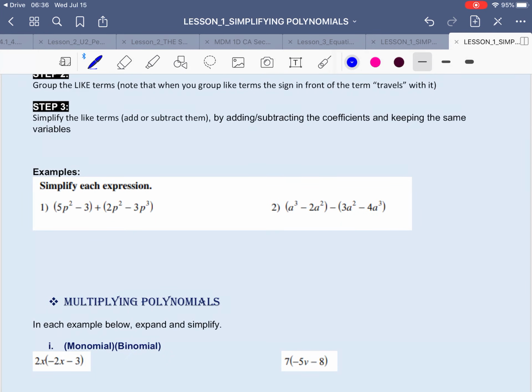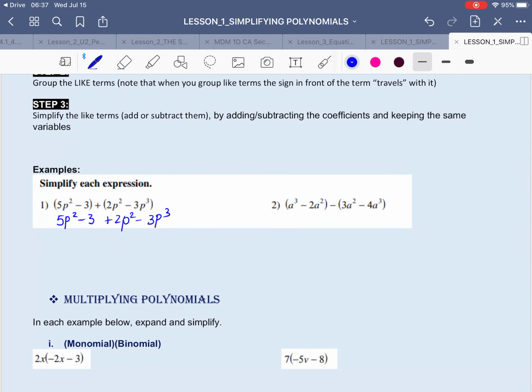Example number 1. We have 5p squared minus 3 plus 2p squared minus 3p cubed. And what we have in here is the addition of 2 binomials. Step number 1, we need to remove the brackets. So 5p squared minus 3 plus 2p squared minus 3p cubed.